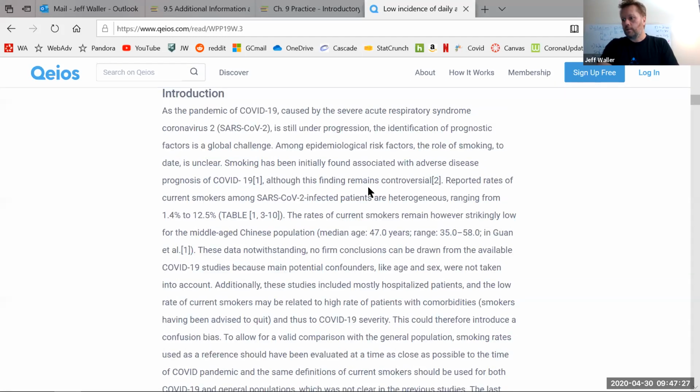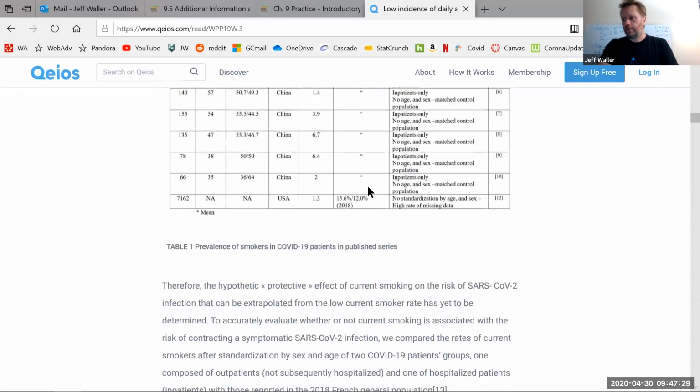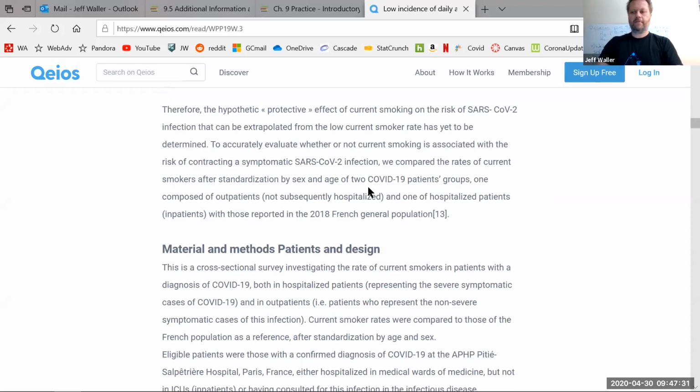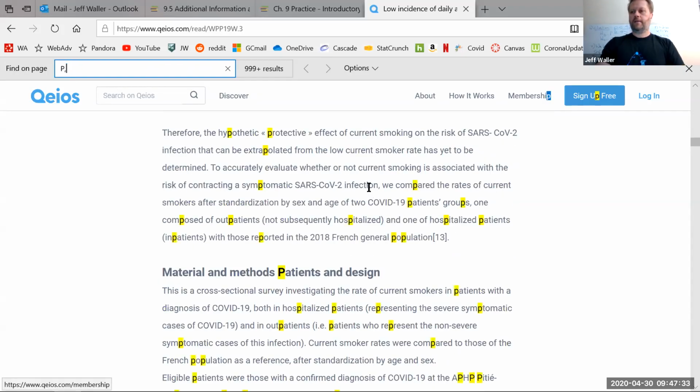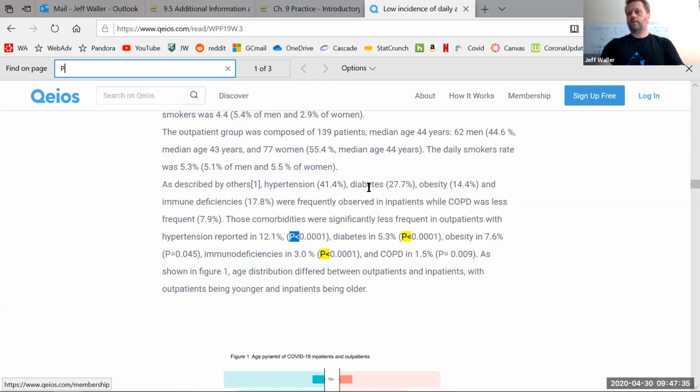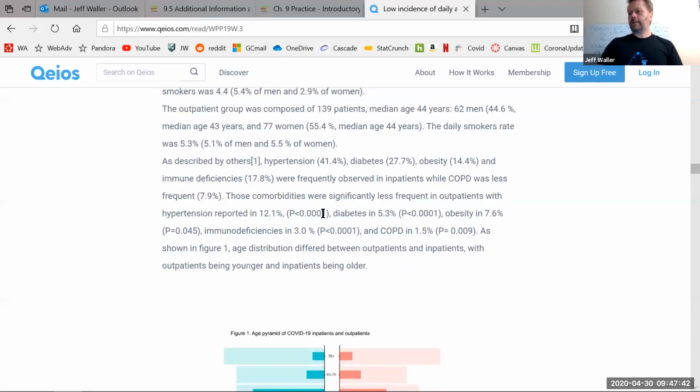Now, Jeff, where are the other p-values? Give me a second. Let's see. P less than. It's not capital P, Jeff. There it is. Look at that p-value right there. P less than 0.0001. Whatever that is, comorbidities were significantly less frequent in outpatients with hypertension. Whatever that means. I like it, Alex. This is the correct time to use surprise Pikachu face.